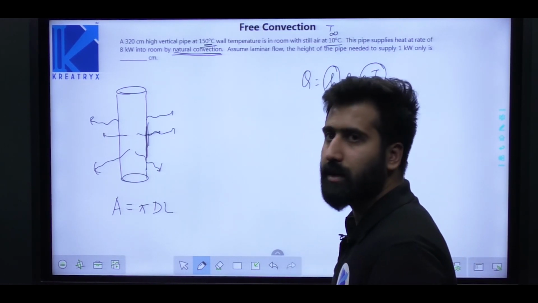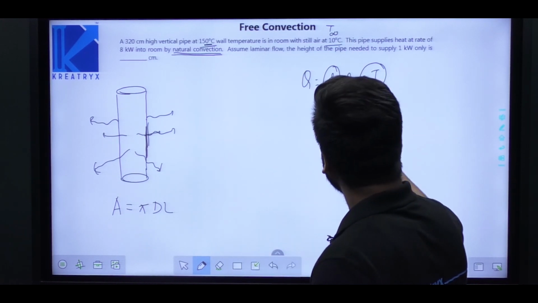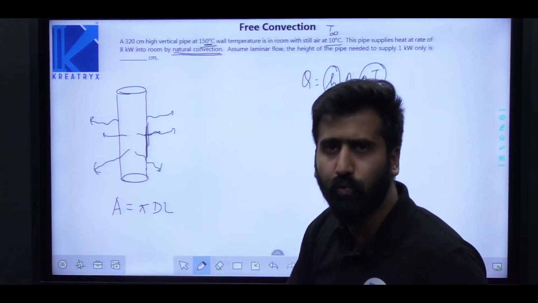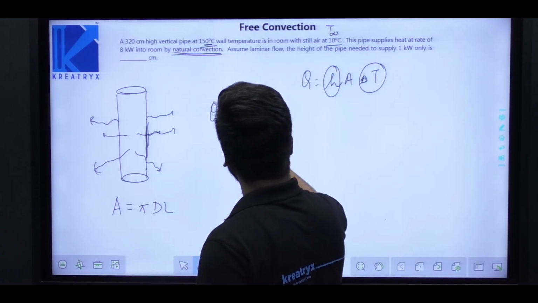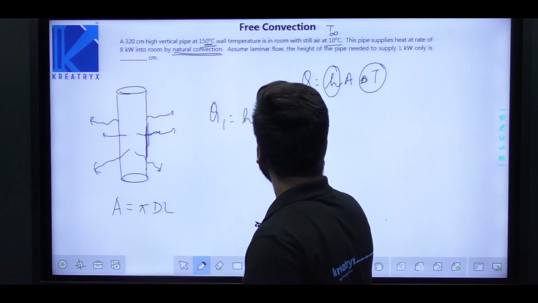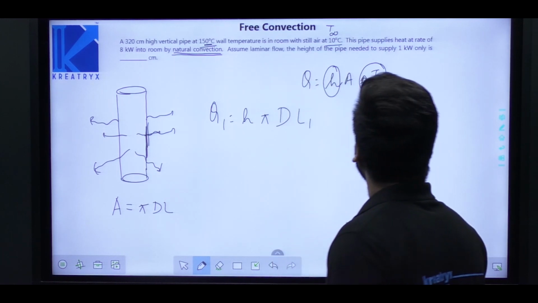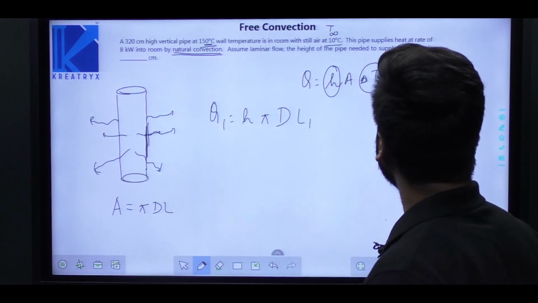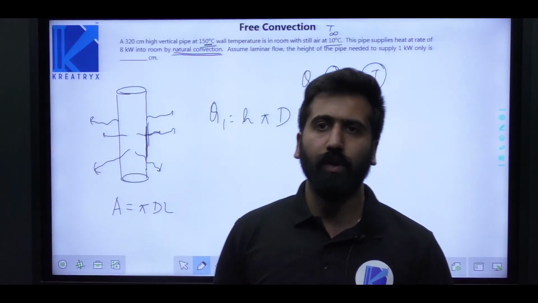Is there any change in the heat transfer coefficient in the second case? No, because the second pipe is again placed in the same room. Okay. So can I say that Q1 is equal to h times A, which is pi d L1, times delta T. There's nothing given about the diameter, so we will assume that the second pipe also has the same diameter.